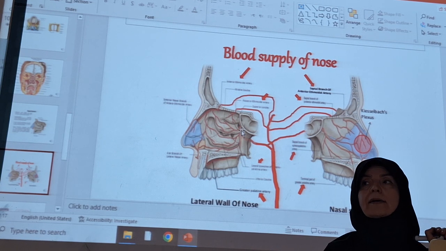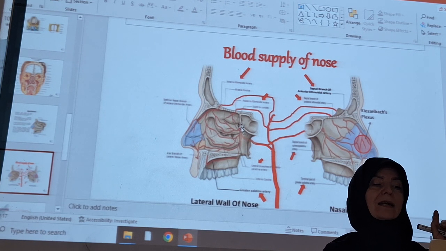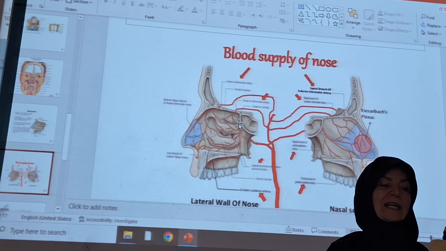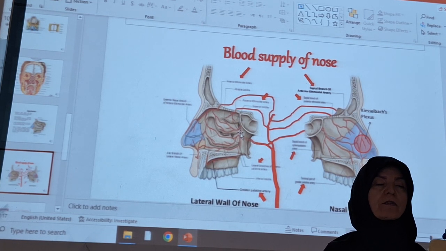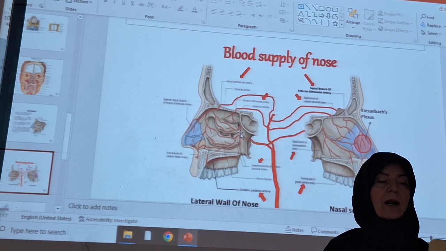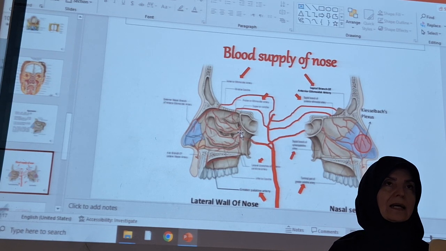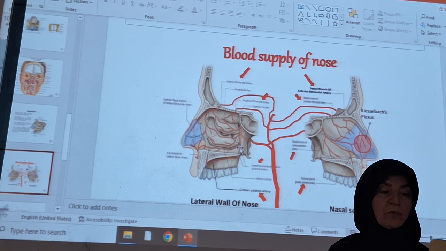Look at it. The greater palatine artery belongs to the maxillary artery. Before passing, the name changes to sphenopalatine. I told you it has so many branches. One of them is called greater palatine. It is important. The greater palatine, look at the picture, passes through a canal in the lateral surface of the nasal cavity and comes down.